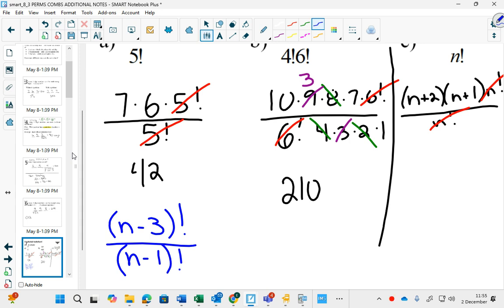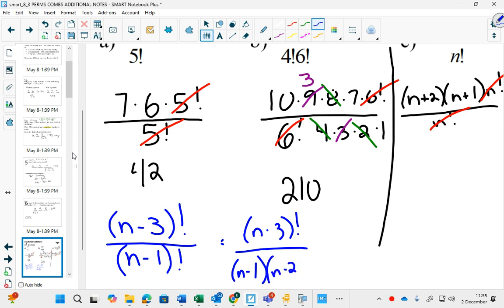Which one's bigger? Top or bottom? Bottom is bigger. But initially you see the 3 and your brain wants to say 3 is bigger than 1. You have to be careful with that. So the bottom is bigger, so that means we leave the top and we start expanding the bottom. What's 1 less than n minus 1?